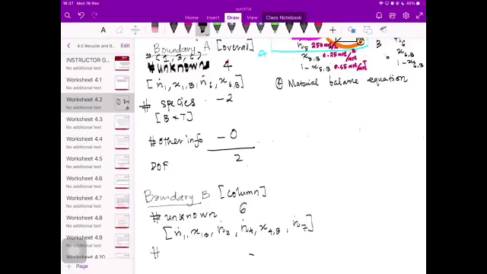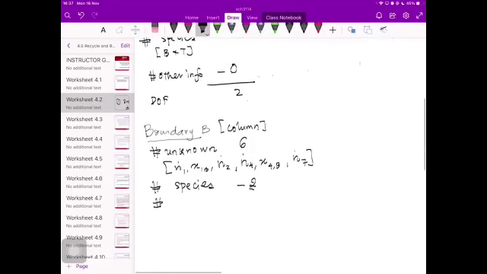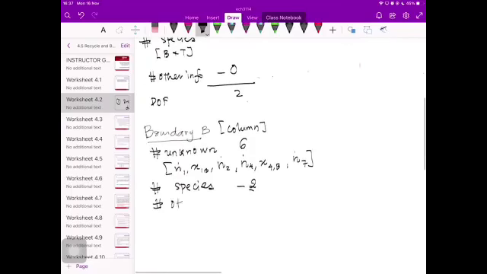Okay, how many species do we have? We have two species or two compounds. Any other information? Okay, other information? No, there is no information. So 0. So we have the DOF for boundary B is 4.